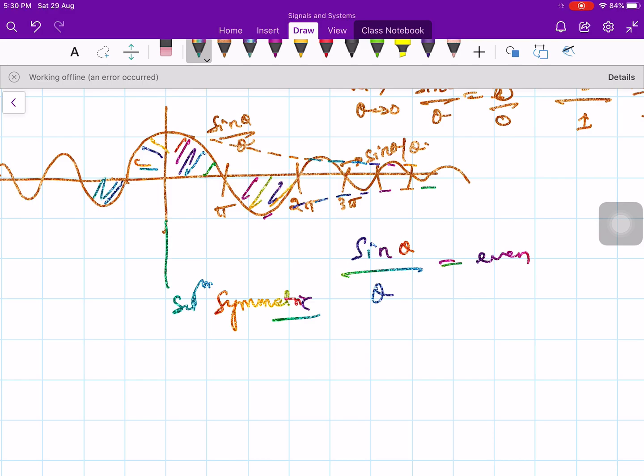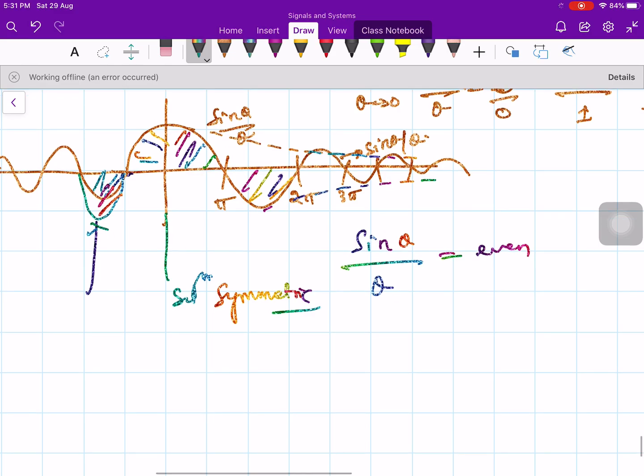Of course, I did not draw the figure properly, but it is an even function. So this is the variation of sine theta by theta. This function occurs again and again in Fourier series, Fourier transform, and subsequent chapters, especially in Fourier theory. So we would like to see the properties of this.